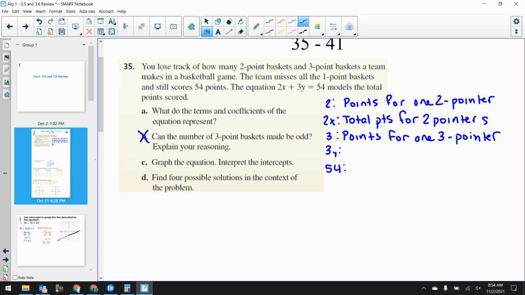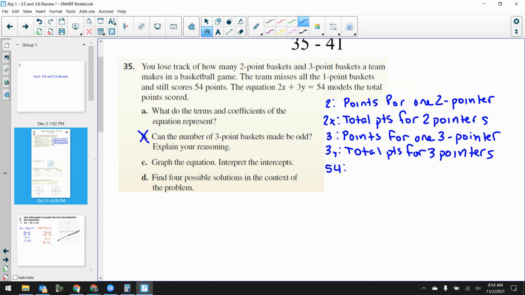So if I had 7 2-pointers, I got 14 points just from the 2-pointers. Does that make sense? Total for the 2-pointers. Same thing for the 3-pointers. This is the total points for 3-pointers. So if I make 5 3-pointers, then I get 15 points from that alone.